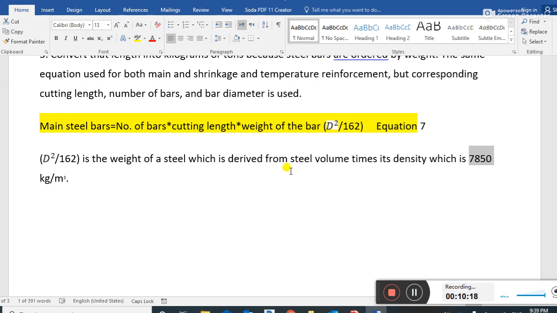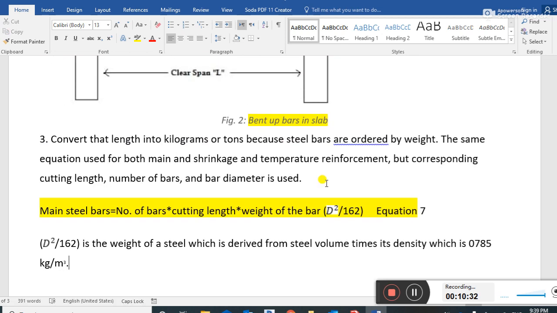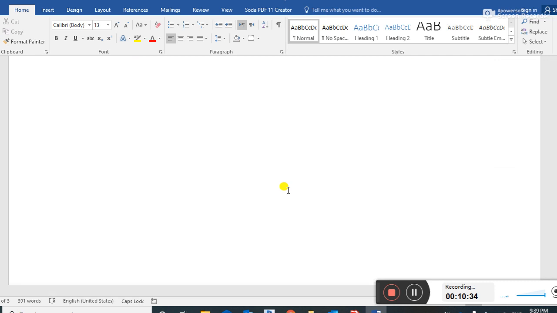This is the density of steel. It is very important, asked many times in exams. Density of steel is 7850 kilograms per meter cube.